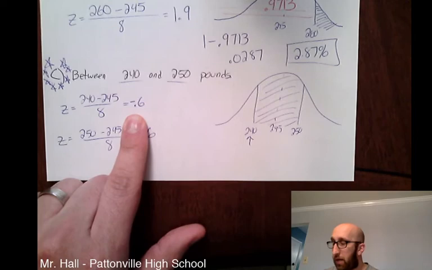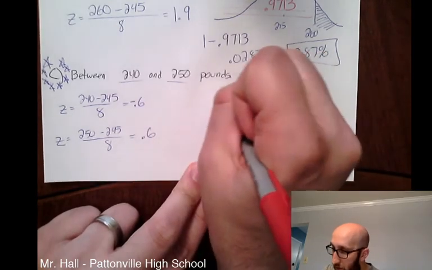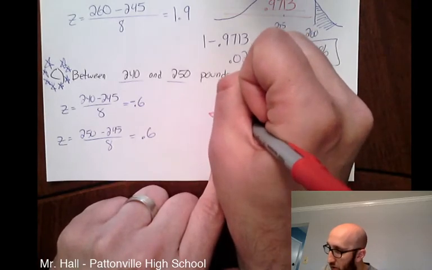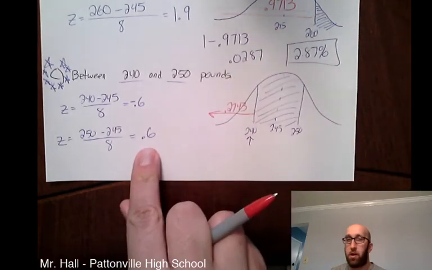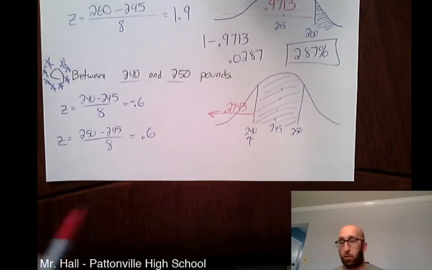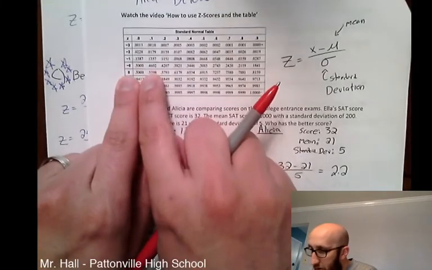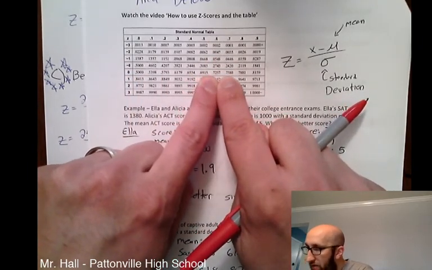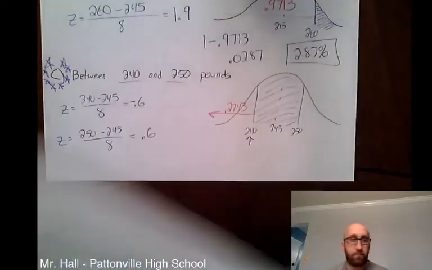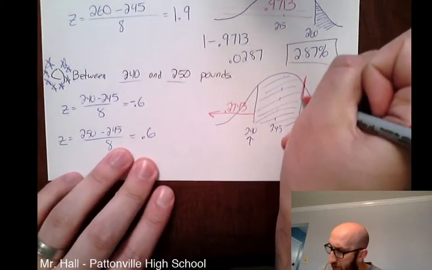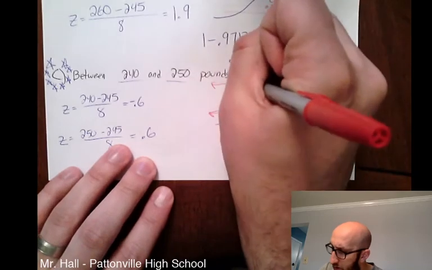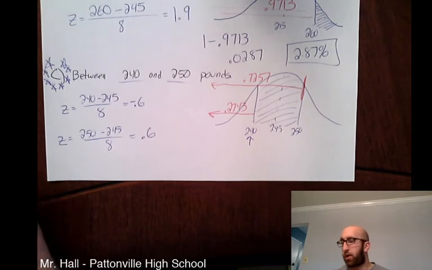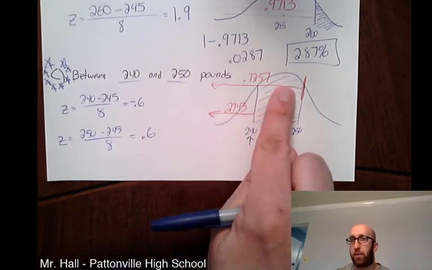It's 0.2743. So I know the area to the left of this point is 0.2743. Now, if I look up positive 0.6, go to the 0, 0.6, see where they intersect, 0.7257. So that represents everything to the left of this point.